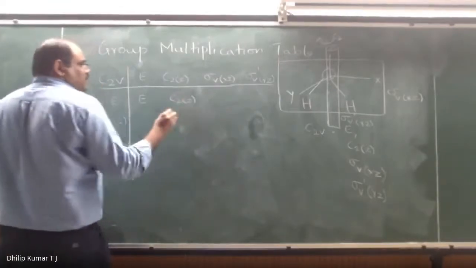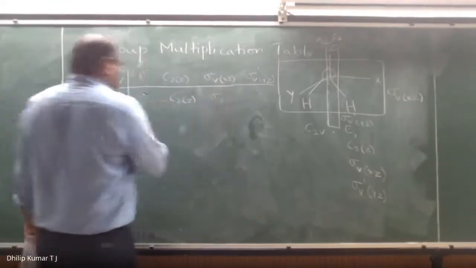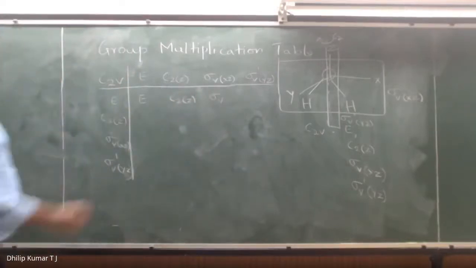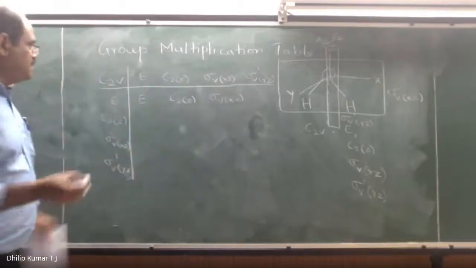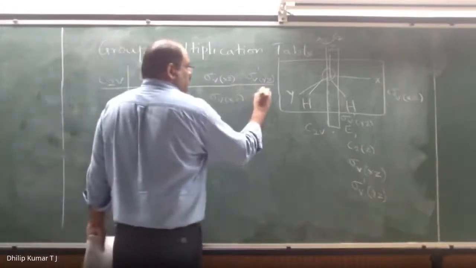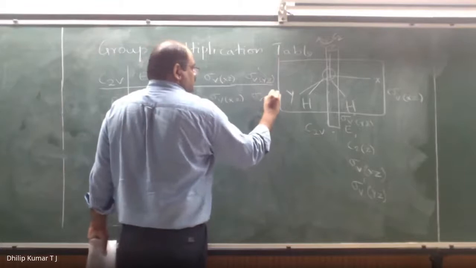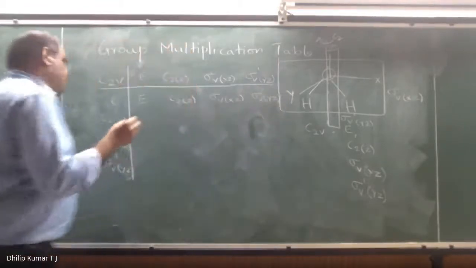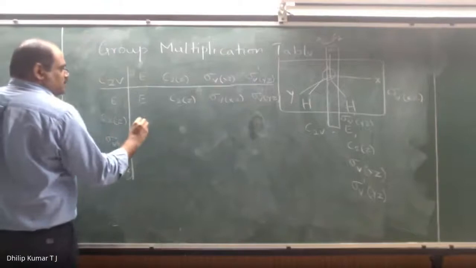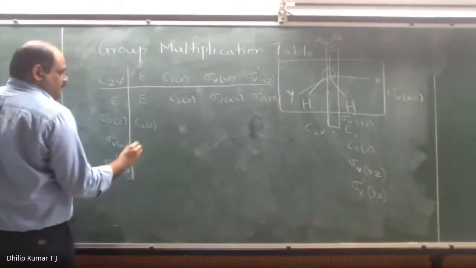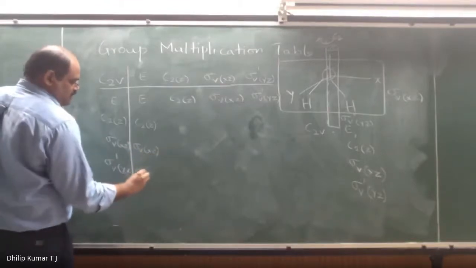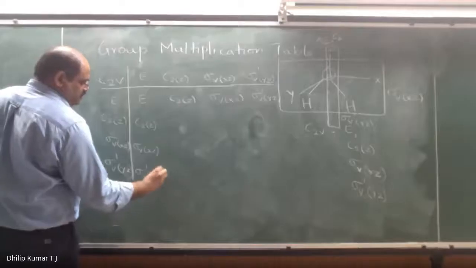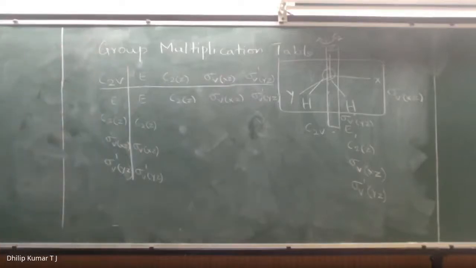E multiplied by sigma V is going to be the same; the molecule is going to remain as such. Again, with sigma V prime, it is going to remain the same. So always the first row and first column is going to be the same. Okay, so the first row and first column we have finished.